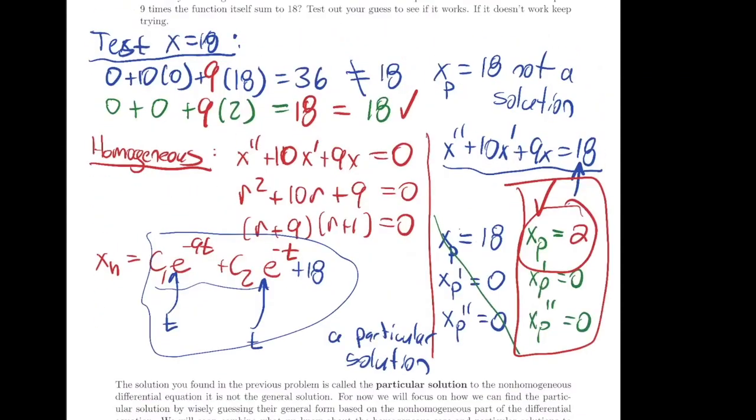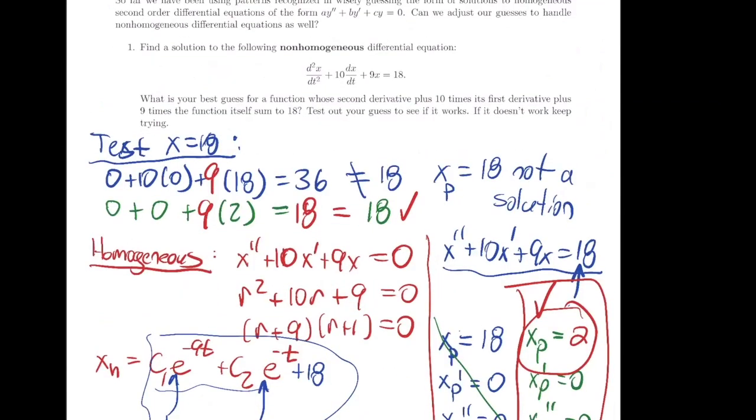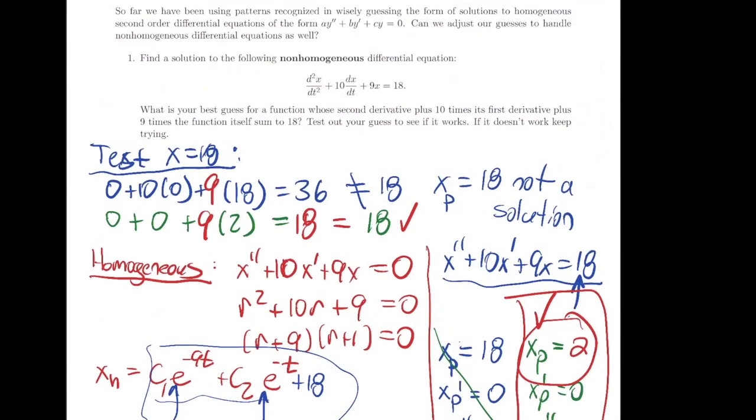And the one thing that I want to comment on here is that the way that we're going to do this is pretty similar to the way we did the homogeneous part, which is we're going to guess a form for what the solution would look like, and then we're going to try it and then figure out how we need to tweak it in order to get a particular solution.